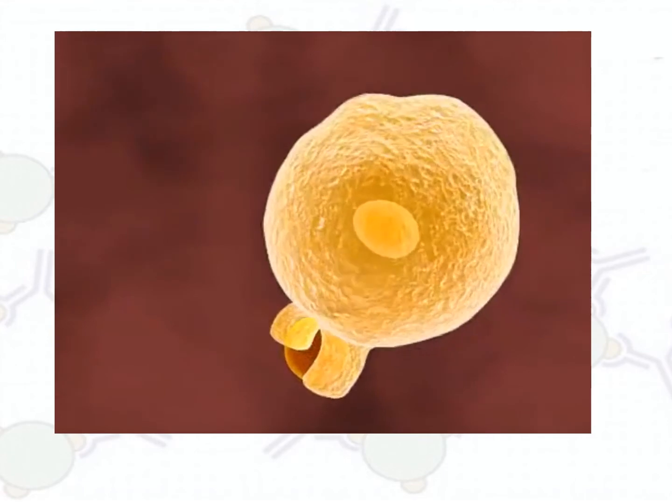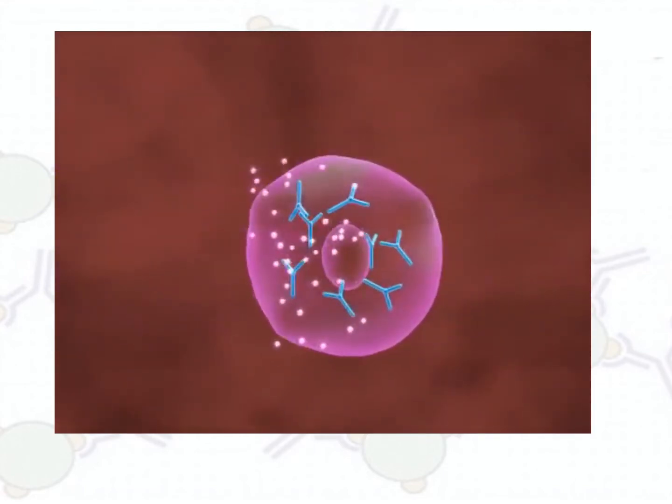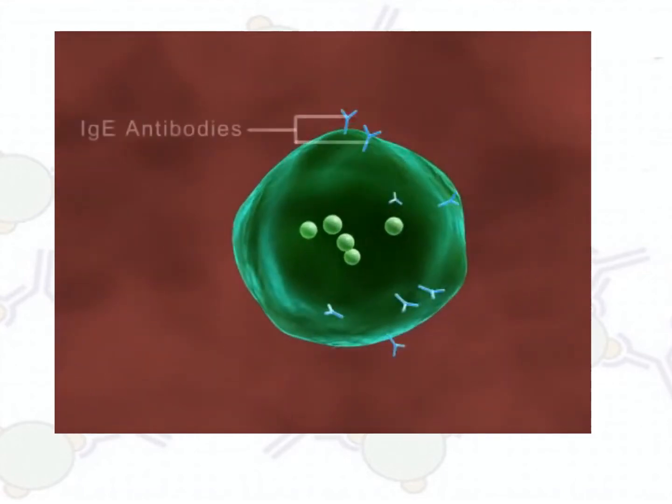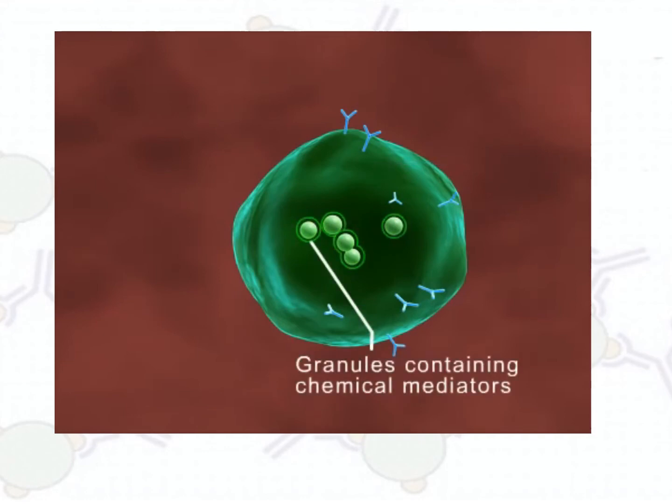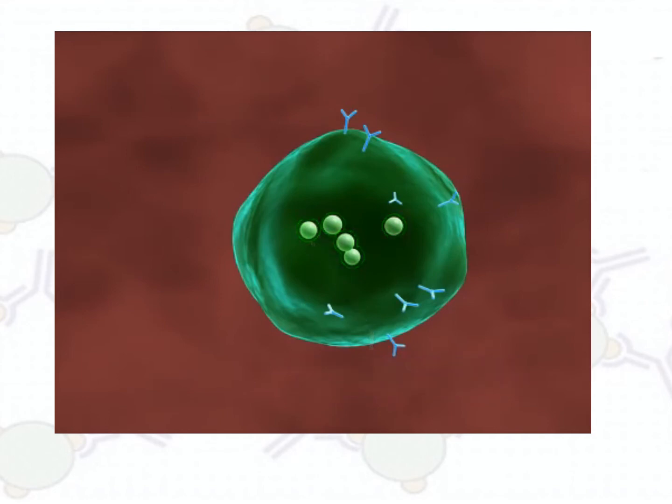These T cells activate the B cells to release IgE antibodies against the allergen. These IgE antibodies sit on the surface of the mast cells. The mast cells have granules containing chemical mediators like histamine and prostaglandins.